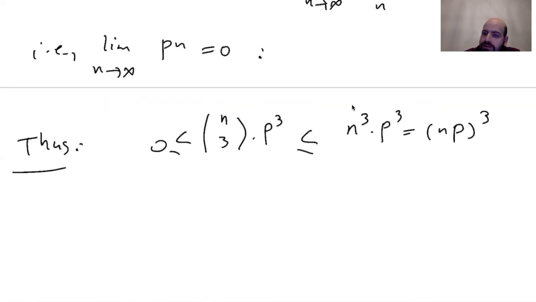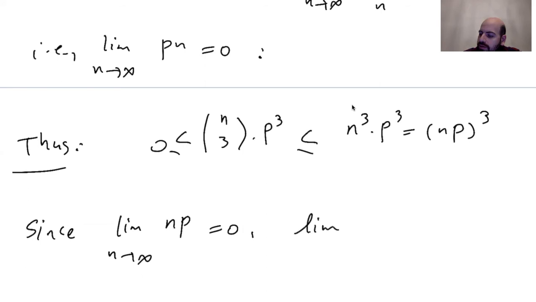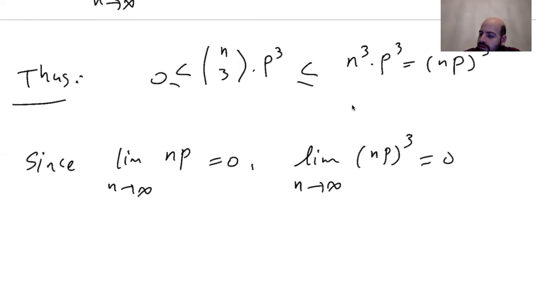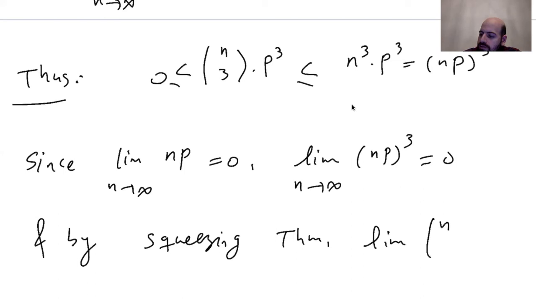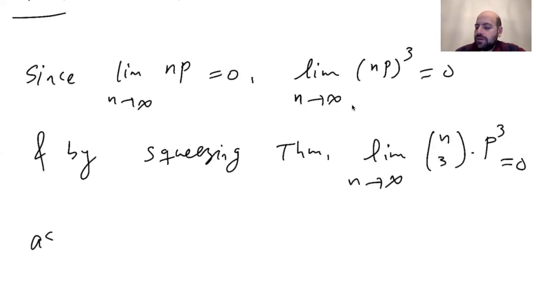Now I can apply the squeeze theorem. The limit of np is 0 as n goes to infinity, so the limit of (np) to the power 3 as n goes to infinity is also 0. By the squeeze theorem, the limit of n choose 3 times p cubed as n goes to infinity is also 0, as desired.